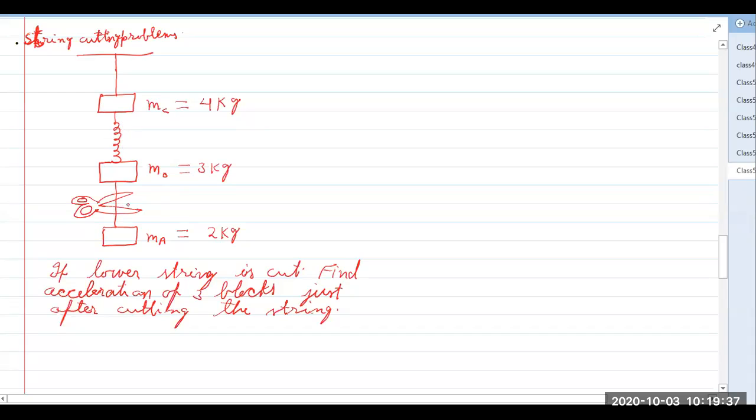So first we will see what the initial tensions are. Initially the tension here will be, suppose, for the 2 kg mass, 2 kg into g, so MAG.